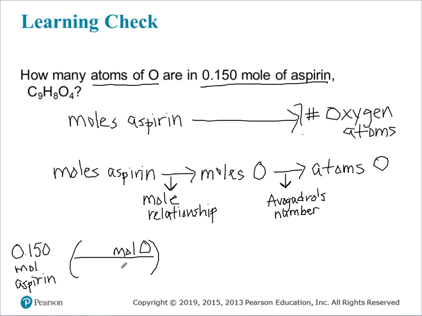And we want to be able to cancel the moles of aspirin, which I'm just going to abbreviate here. When we look at the chemical formula for aspirin, we see a 4 as the subscript, which means that there's 4 moles of oxygen in every 1 mole of aspirin. So this is our mole relationship.